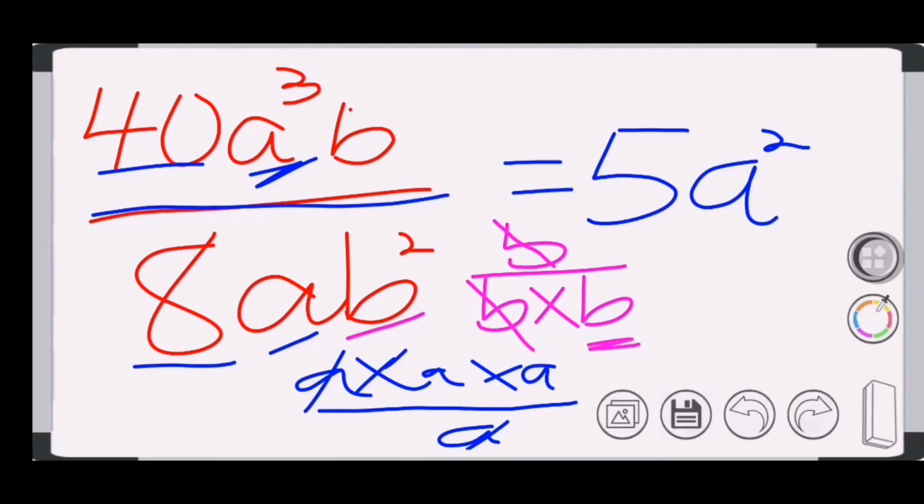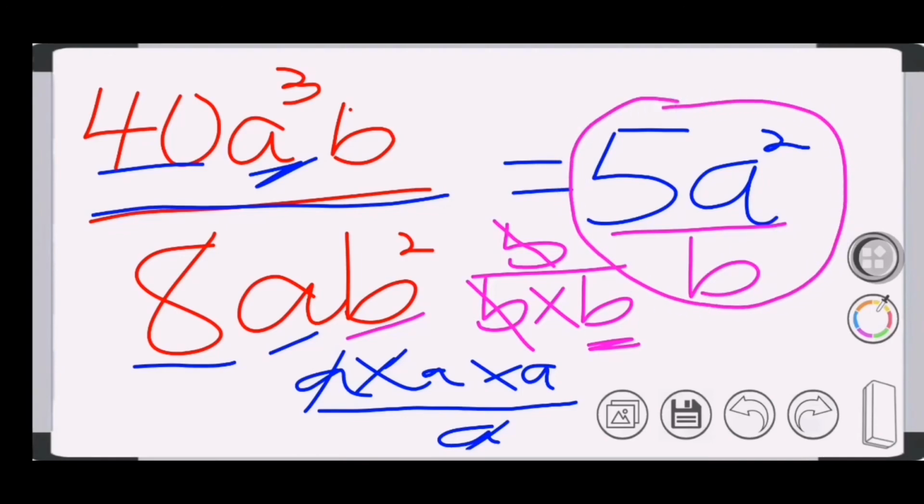But which side are we left with a b? Is it on top or down? We can see it is left down. Therefore, our answer is the whole of this, 5a squared all over b, because when we divided b by b squared, we are still left with a b down here. Get it? Got it? Great.